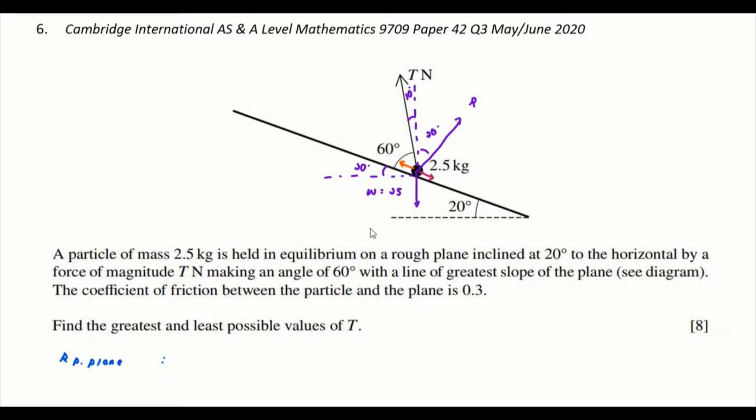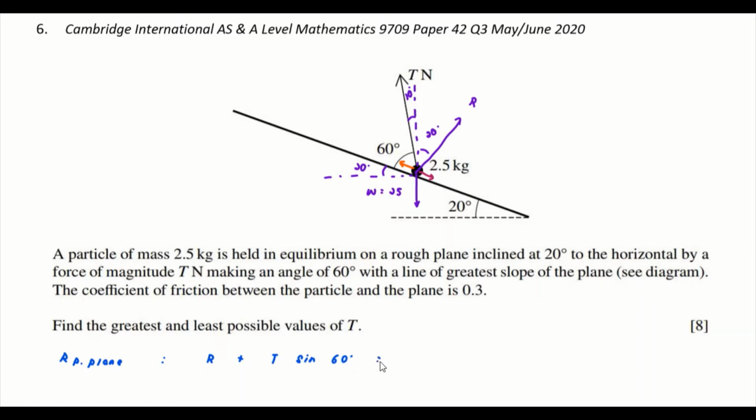Okay, so resolving in the direction perpendicular to the plane, what do I have? I have R going up and also T going up, so I can write T cos 30, or you can write T sin 60.